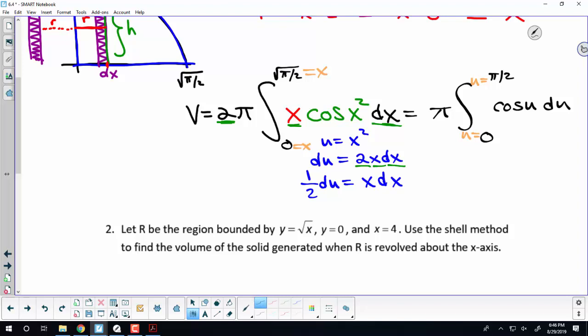All right. Running out of space, you should just get the answer as the volume, as pi. Do y'all have any questions on how we set that up?